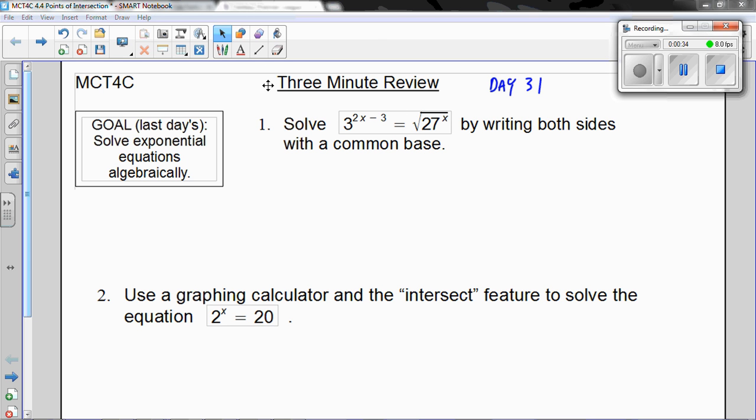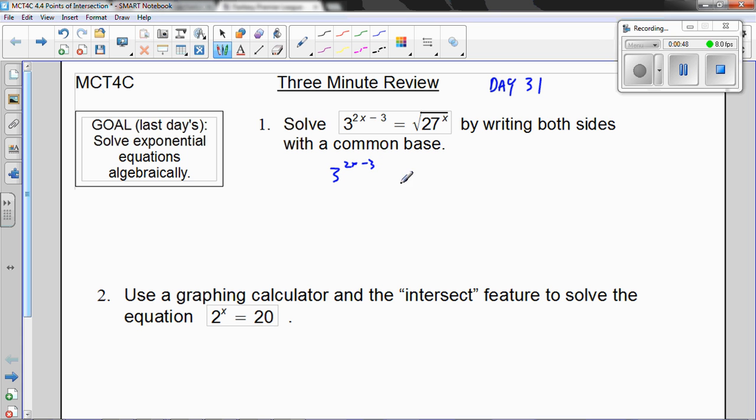We'll see. The 3-minute review starting with a question straight out of yesterday's homework where we got to write both sides with a common base, and we see 27 is a power of 3, so we can do this exactly without using a calculator. 27 as a power of 3 is 3 to the exponent 3, but since it's the square root of that, remember the number on the bottom is 2, and then I can make the exponents the same.